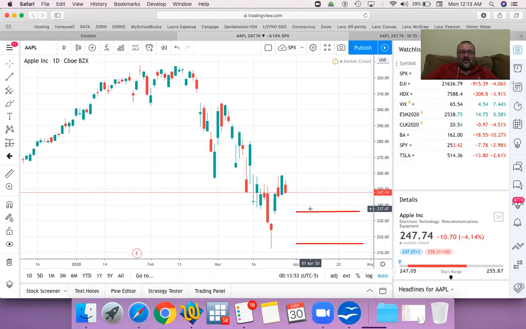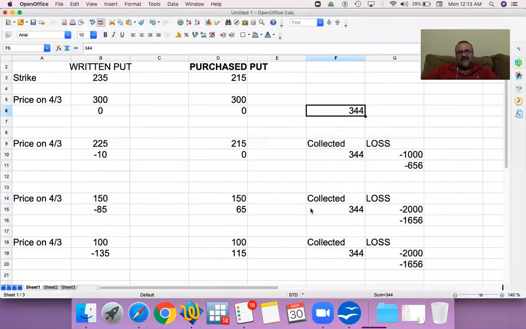But anything below $235, we start to lose. And if it goes below our insurance, the maximum we'll lose would be $2,000 minus what we collected initially, and therefore a total of $1,656. So this is an example of a credit vertical spread with puts. It is credit because we are collecting 344 at the beginning when we set this up.